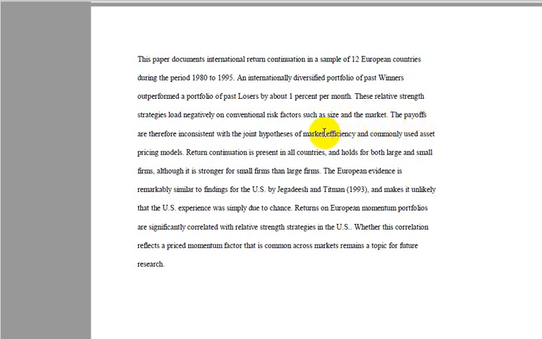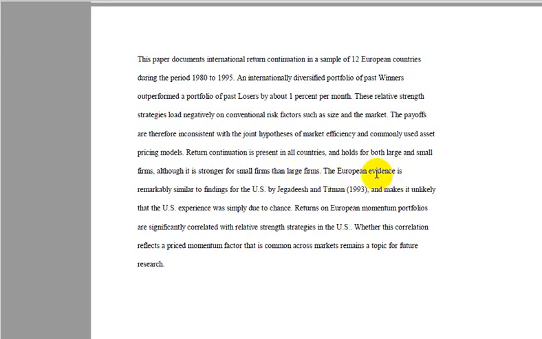Therefore, these results go against the efficient market hypothesis as well as commonly used asset pricing models. And a pretty neat finding, the momentum strategies work across all 12 of the countries that were studied, and it's not largely dependent on how big or small the companies are, although we did find that the smaller firms are more affected by the momentum strategies and have larger returns.